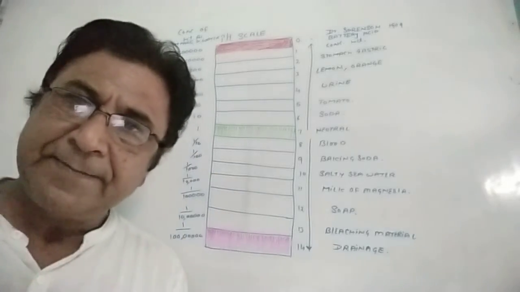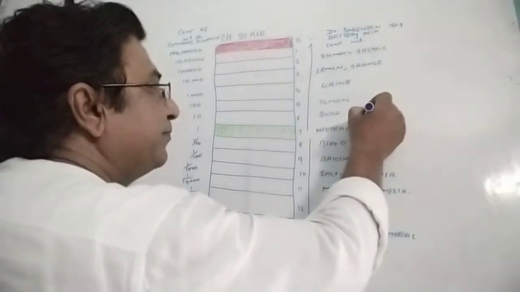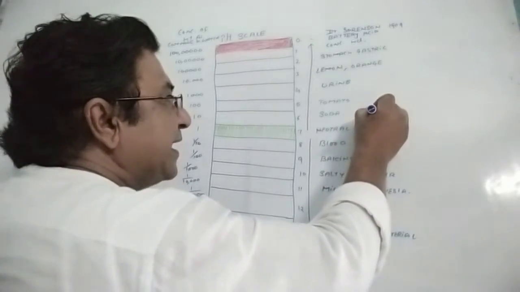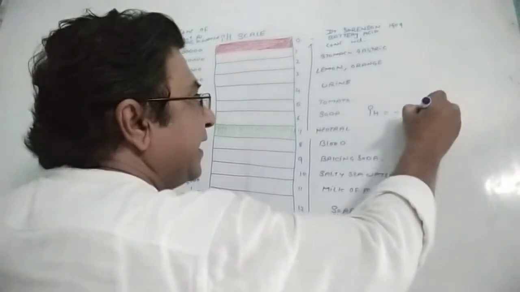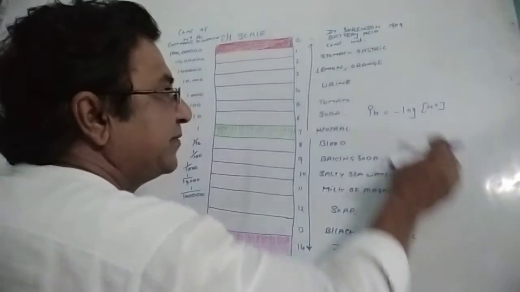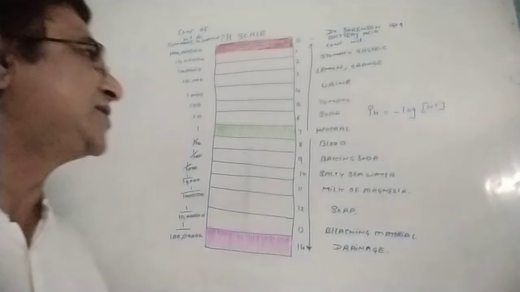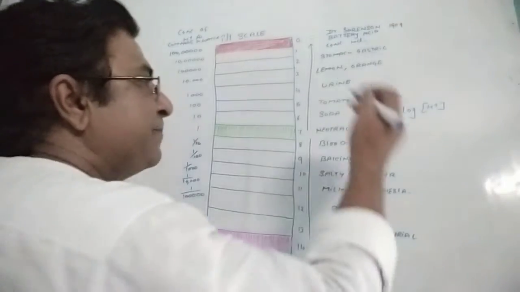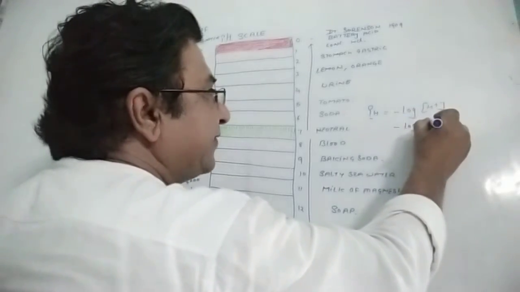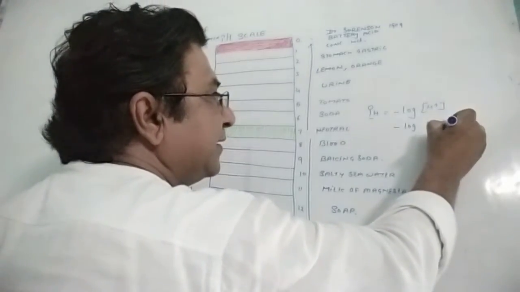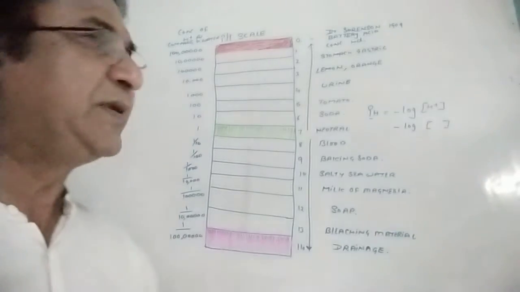Now the basic fundamental of the pH scale: numerically, pH is equal to minus log of the H plus ion concentration. Remember, this is the formula by which we find the H plus ions of any solution. We will discuss more about it. Here, minus log is the operation, and the box is the symbol for concentration of whatever is placed in between.